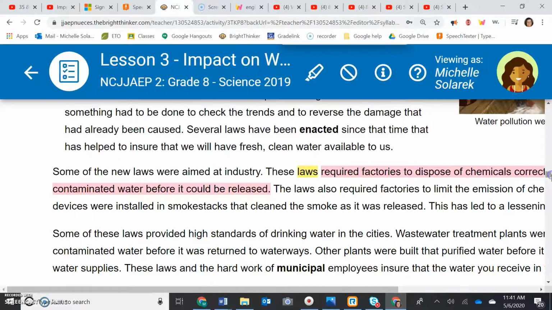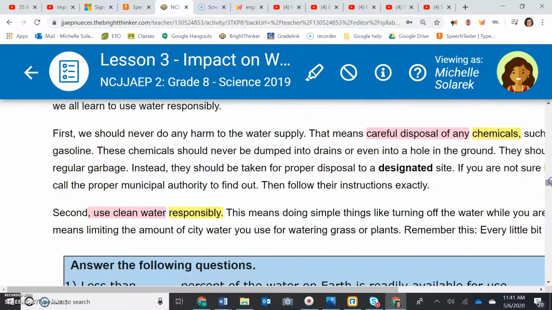Good, moving right along. The government has started enacting what to protect water? What is the government using now to protect water? The answer is laws. They started enacting laws to protect water. Okay, very good. Moving right along.